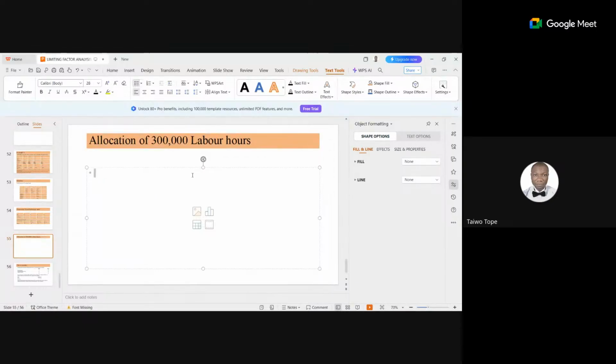So the approach will now be, let's present it in a table likewise.